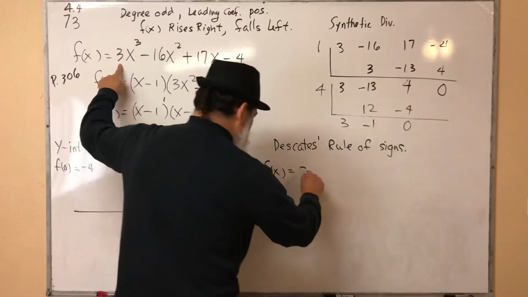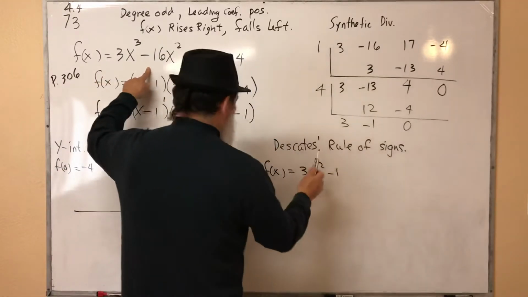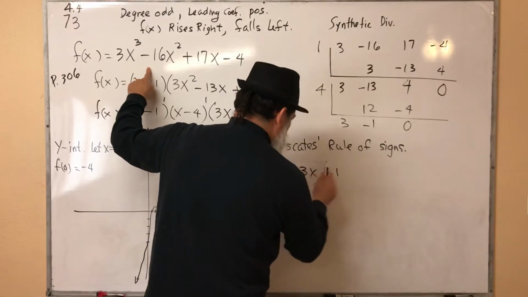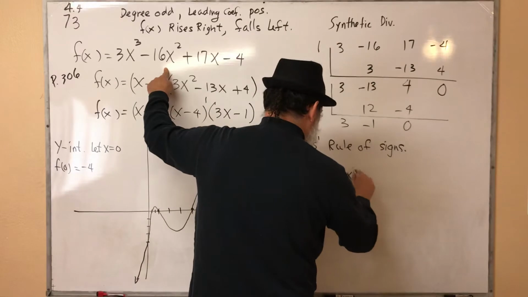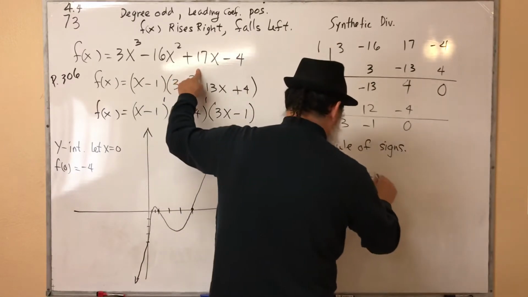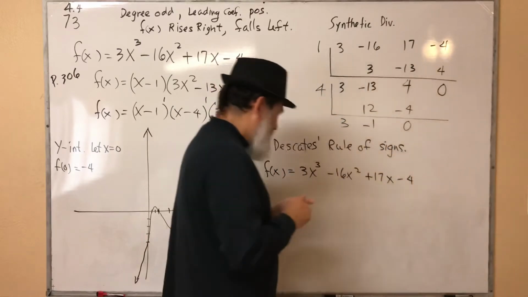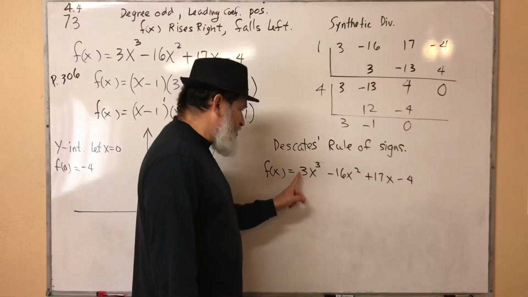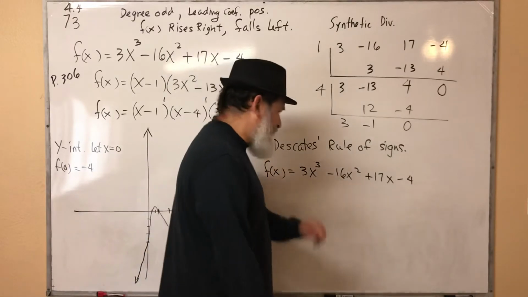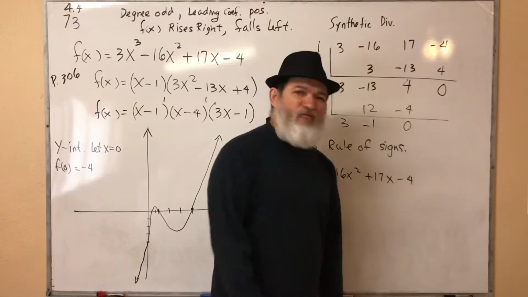So we have 3x cubed minus 16x squared plus 17x minus 4. And just look at the signs. That's a positive 3. That's a negative 16. That's a positive 17. And that's a negative 4.